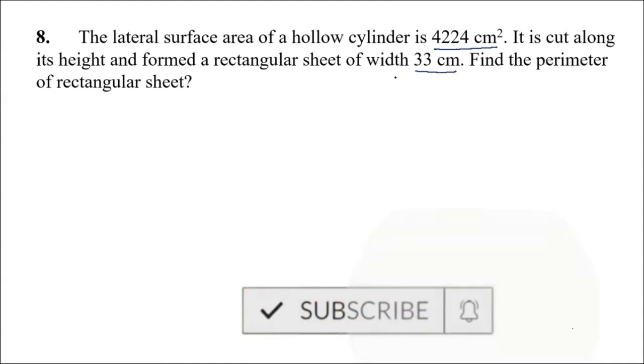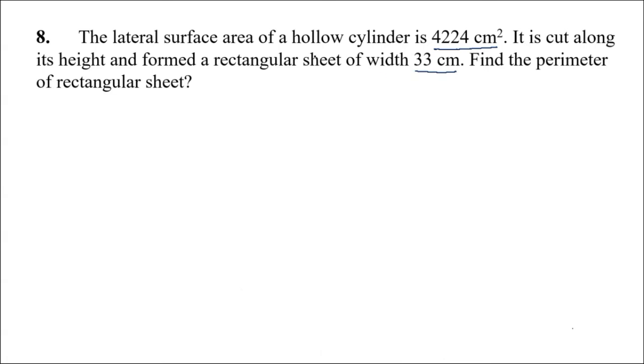Find the perimeter of the rectangular sheet. To find the perimeter of a rectangular sheet, we require the length and the breadth. Here, the length is to be found. To find the length, we have to make use of this lateral surface area.